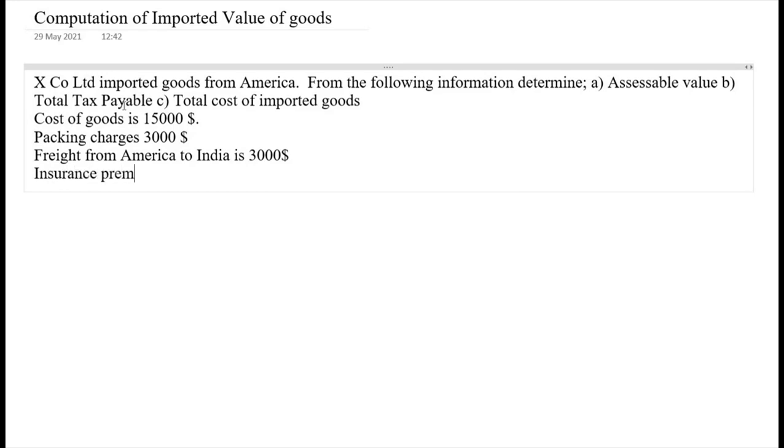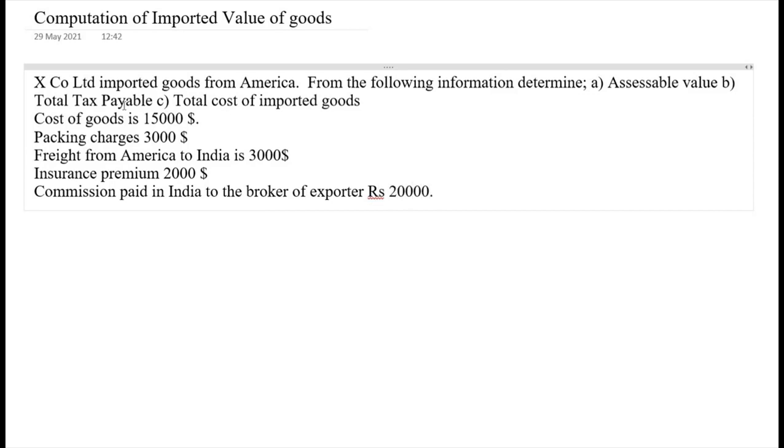Insurance premium $2,000. Commission paid in India to the broker of exporter rupees 20,000.